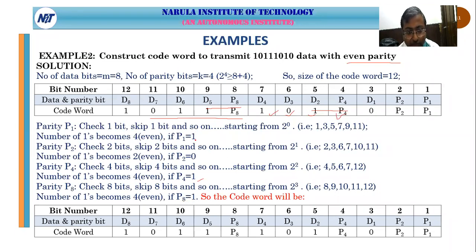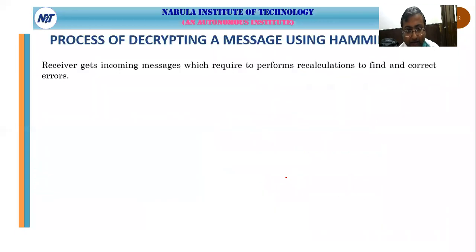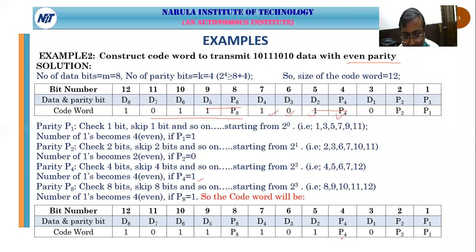So then we should put the value of P1, P2, P4, and P8. So what will be the value? So P8 is 1, P4 is 1, P2 is 0, and P1 is 1.